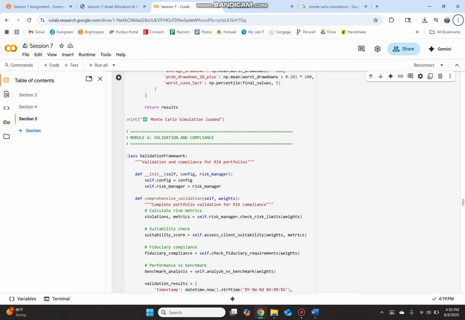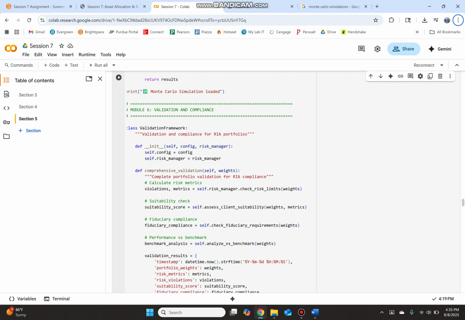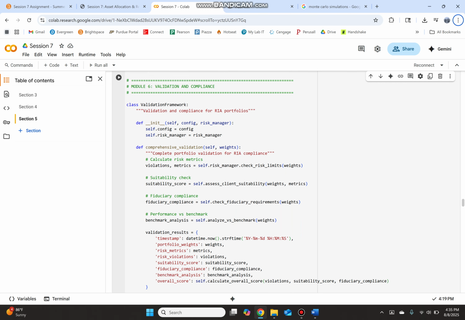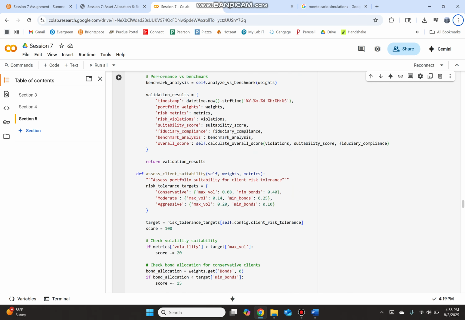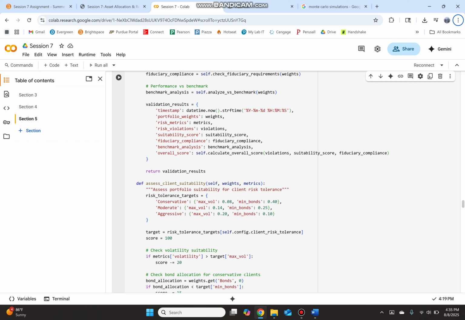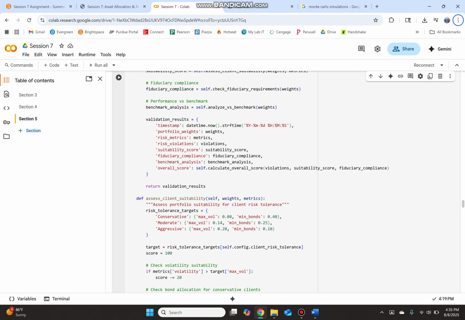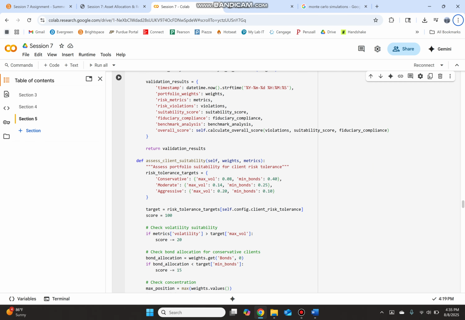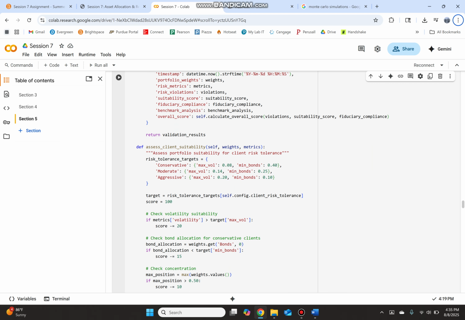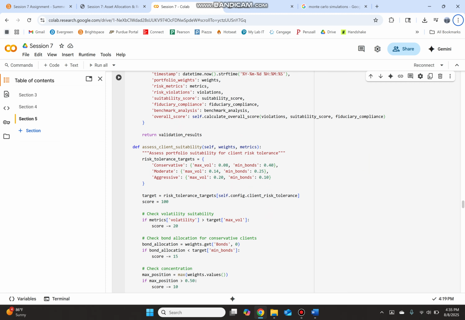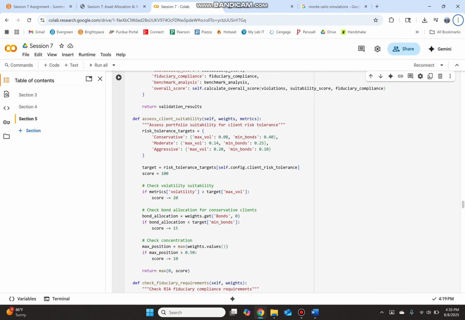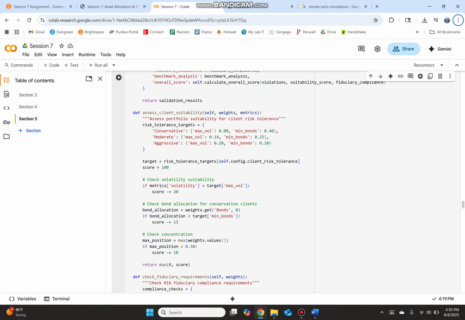Then we have our validation, which checks everything, gives us our sustainability and fiduciary checks, which we'll talk about right here in a second. It checks us versus the benchmark, so it'll call that function. Client sustainability, so we want to make sure which one of these they are: conservative, moderate, or aggressive. It checks to make sure that they're within those bounds, so let's say we had an aggressive investor, we might need to change this, and it'll let us know in the code.